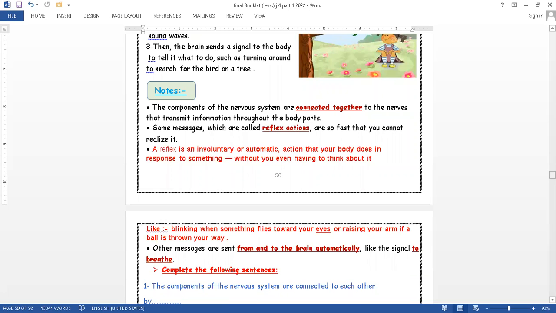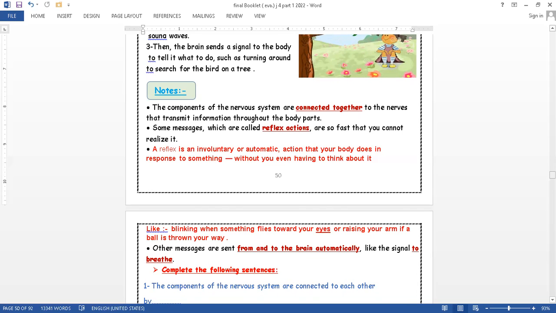Okay, notes. Number one, the components of the nervous system are connected together by the nerves that transmit information throughout the body parts. Number two, some messages, which are called reflex action, are so fast that you can't realize it. What's meant by reflex action? Reflex action means an involuntary or automatic action that your body does in response to something without you even having to think about it.